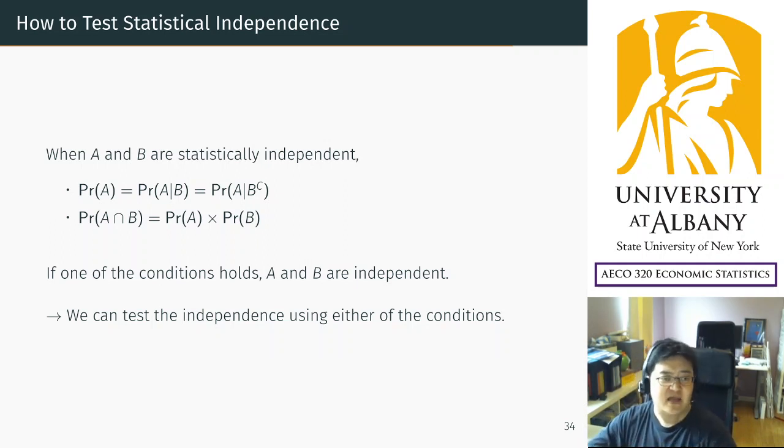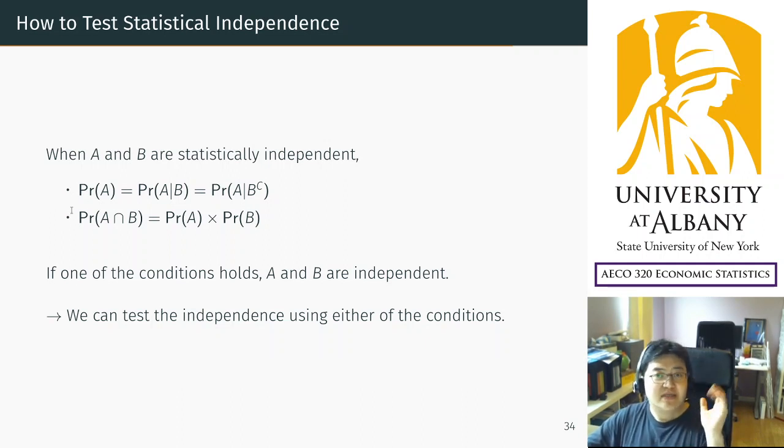So let's think about this. When two events, A and B, are statistically independent, we know they have to satisfy two properties. First, by the definition, the probability of A should not be affected by the occurrence of B, right? The unconditional probability of A, conditioned on B or conditioned on B complement, B does not happen, they must be the same. This is property 1.